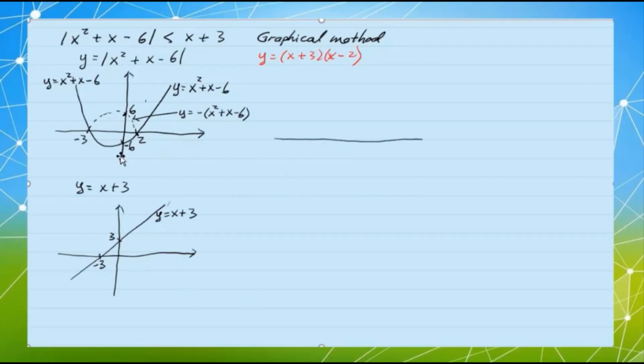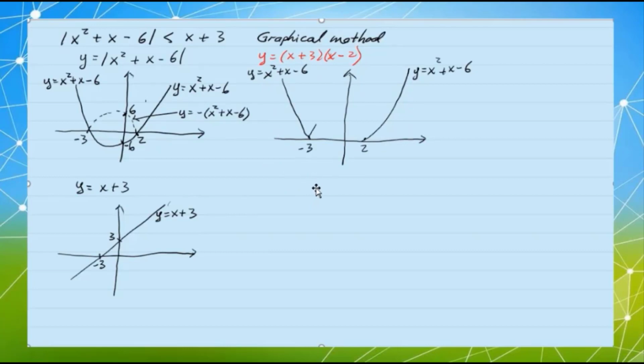Now we need to combine these two graphs in the same diagram. For the quadratic graph, this is the graph without reflection on the right hand side and left hand side. We label this part of the graph as x squared plus x minus 6 because this part is without reflection.